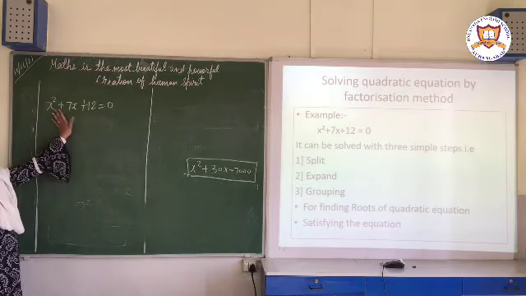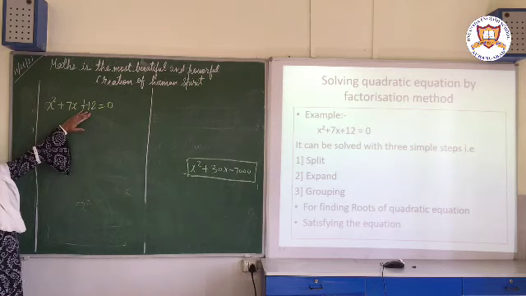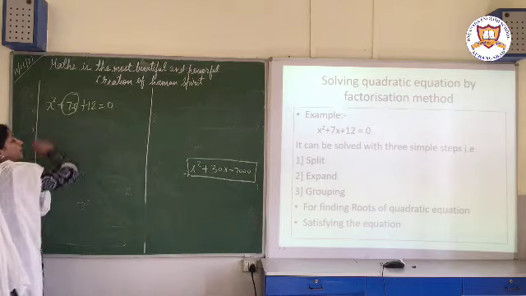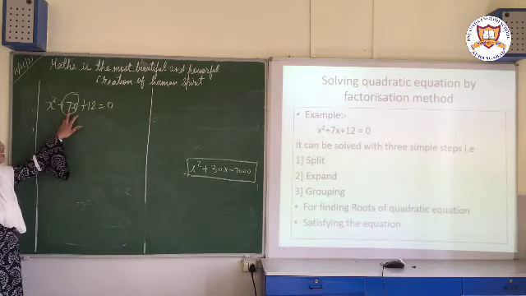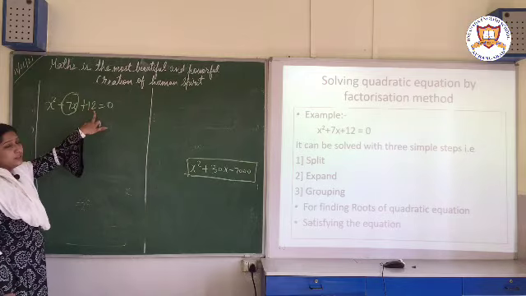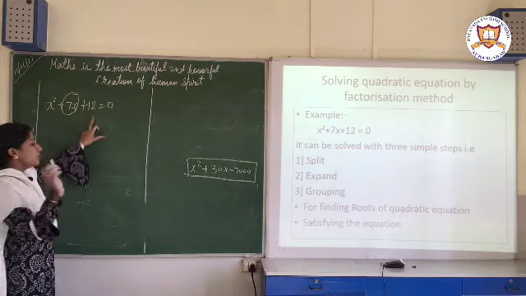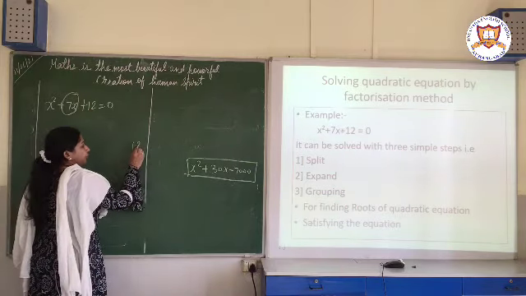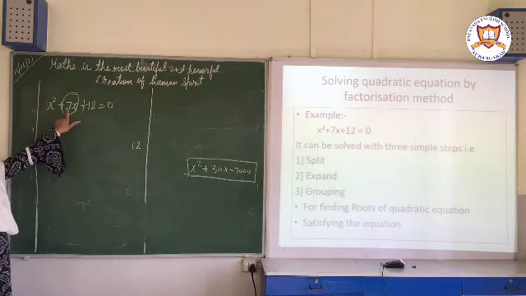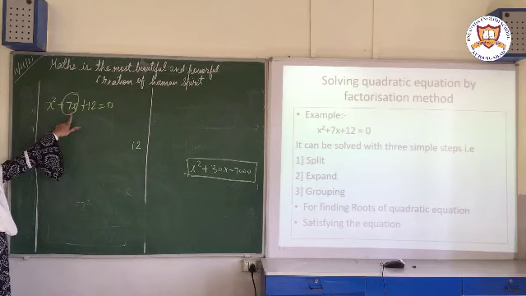So students, for solving this quadratic equation, first you have to see the middle term. The middle term is 7. Here the value is 12. You have to find such factors of 12 whose addition or subtraction gives the middle term.